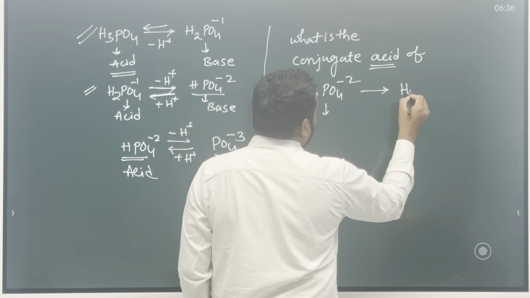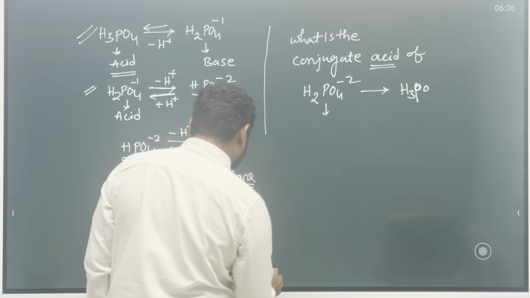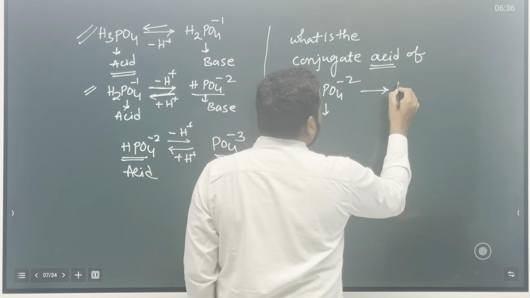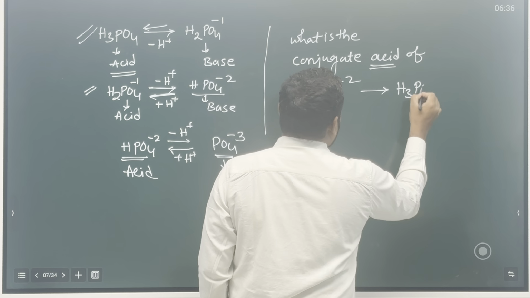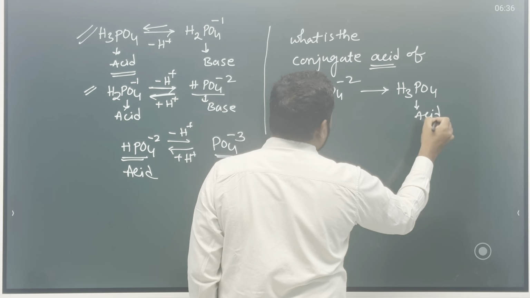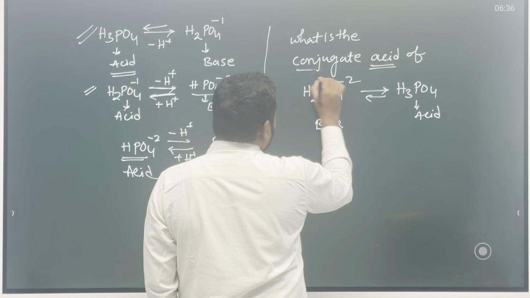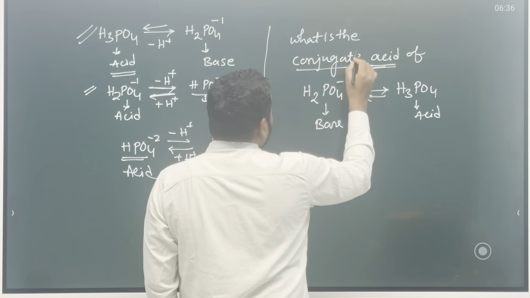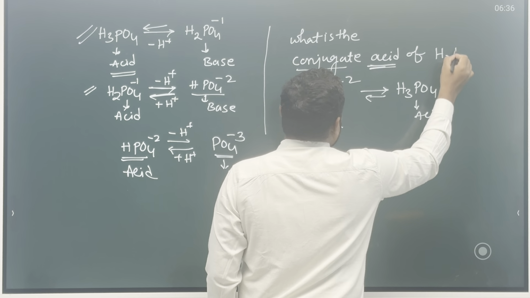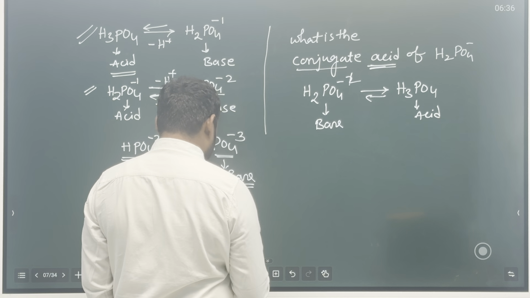So here H3PO4 acts as acid, and H2PO4 minus acts as base. So they are asking, what is the conjugate acid of H2PO4 minus, not minus 2, it is minus 1.